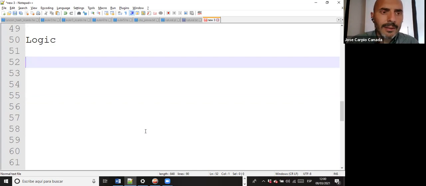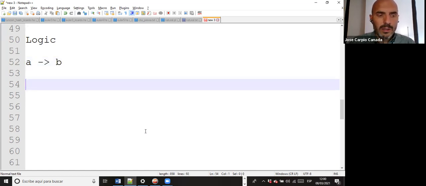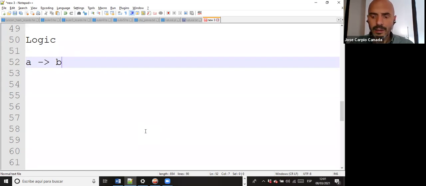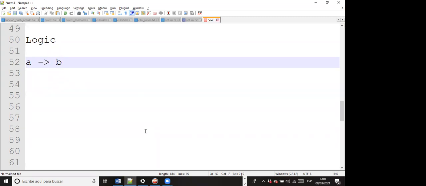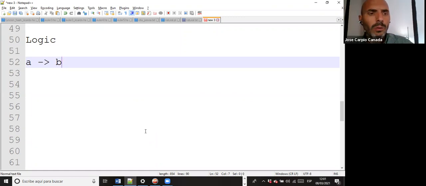What does A implies B mean in logic? Who can tell me? If A is true, B is also true. Exactly.